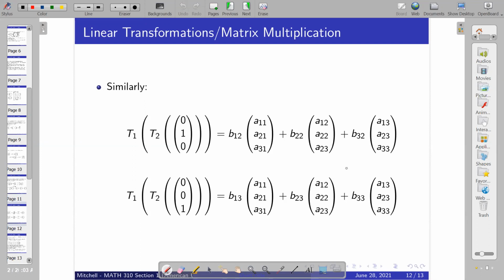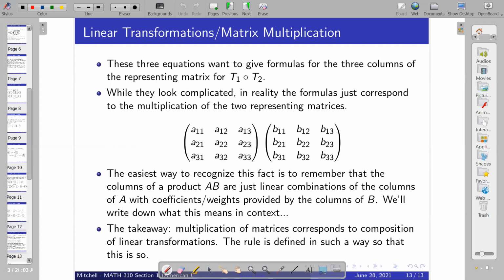T1 of T2 of the second basis vector looks like this. T1 of T2 of the third basis vector looks a bit like this. And so basically what you're getting are the columns of the representing matrix. Again, the three equations look complicated, but you can check that they basically come from this, where matrix multiplication is defined in the way that we're trying to describe.